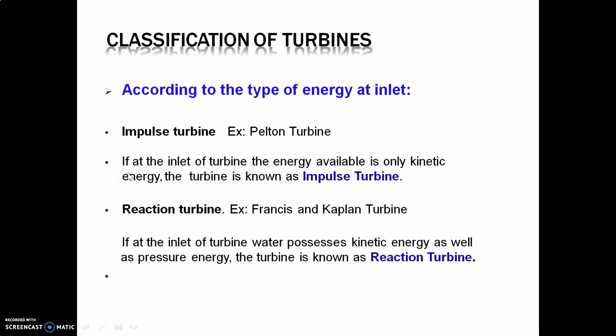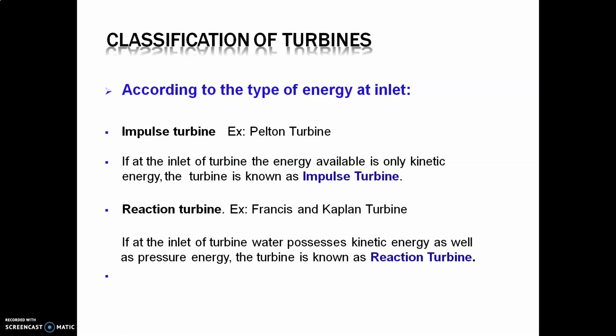If at the inlet of turbine, the energy available is only kinetic energy, you call it an impulse turbine. Whereas reaction turbine, you have the examples of Francis turbine and Kaplan turbine. In this case, at the inlet of turbine, water will have both kinetic energy and pressure energy. And those turbines, you call reaction turbines.